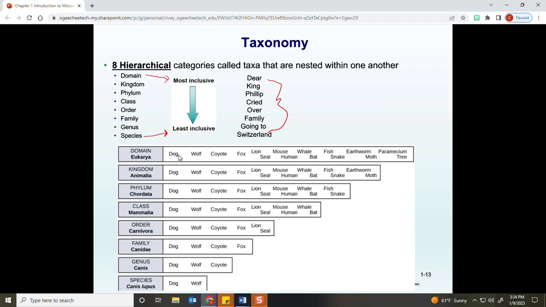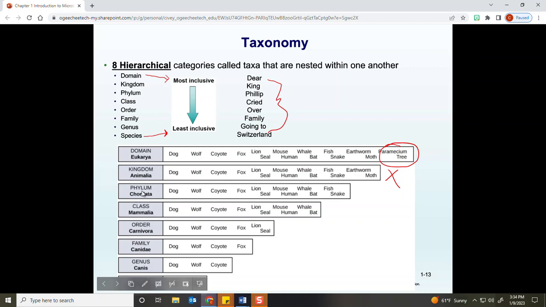It's also in Eukarya. Wolf, coyote, fox, lion, seal, mouse, human, whale, bat, fish, snake, earthworm, and moth. But paramecium and tree, they are eukaryotes, but they are not animals. Paramecium are a protist, and a tree is a plant. So we do not see them listed. We're getting more specific as we go down.